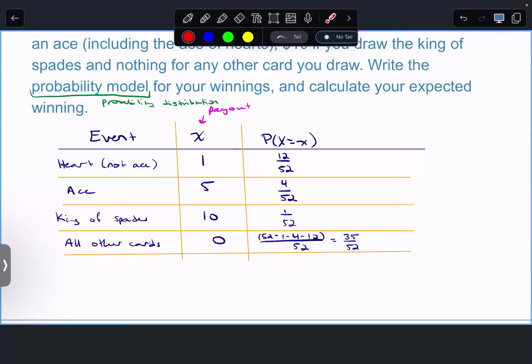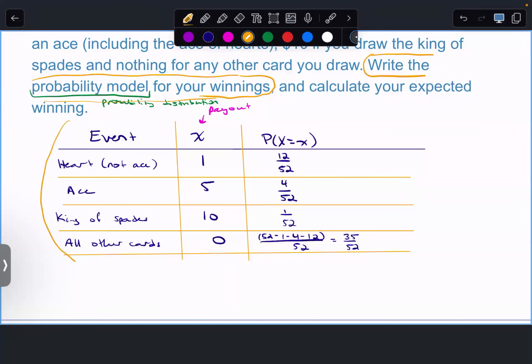Then we want to find the probability model for your winnings. I want to wrap that up in orange and just show you where that answer is.